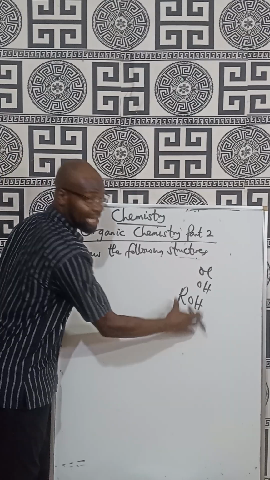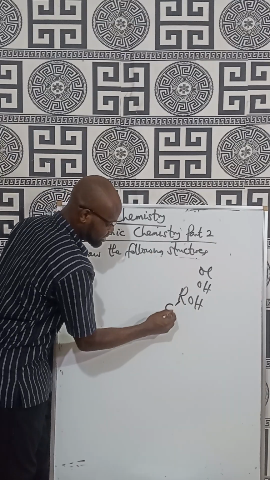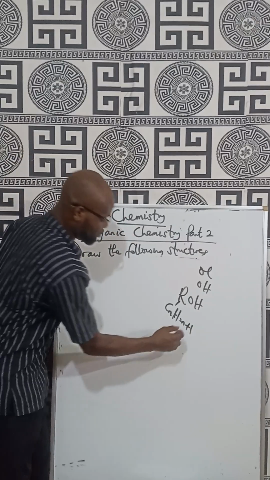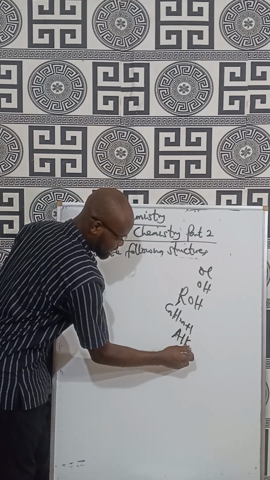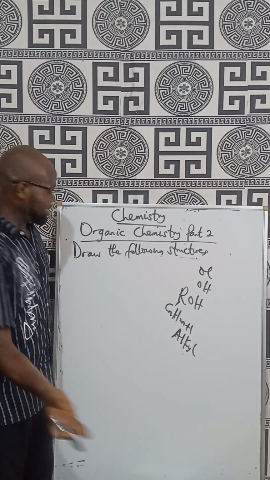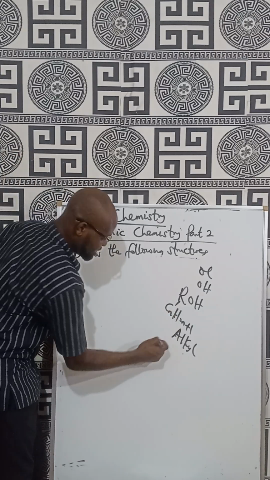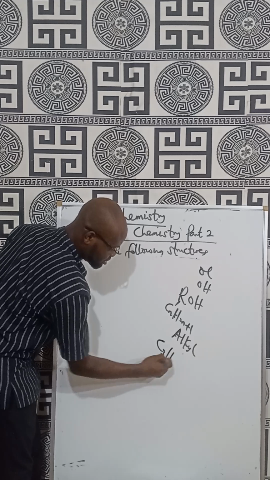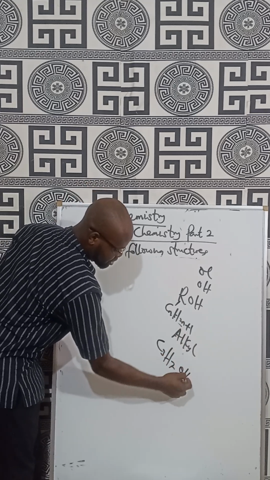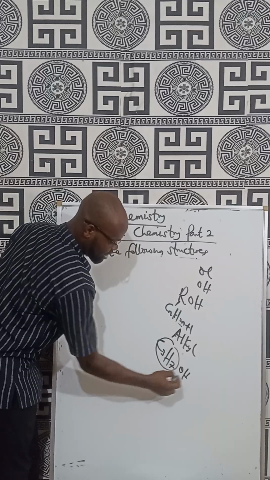Don't forget that my R is CnH2n+1, the alkyl group. So propan, that's 3, so C3. n is 3, H what? 2 times 3 is 6, 6 plus 1 is 7. Put your OH. So this is R, then OH.